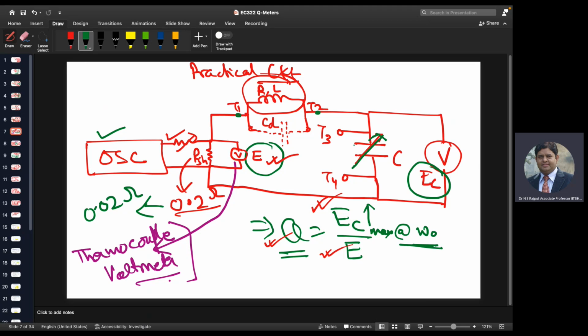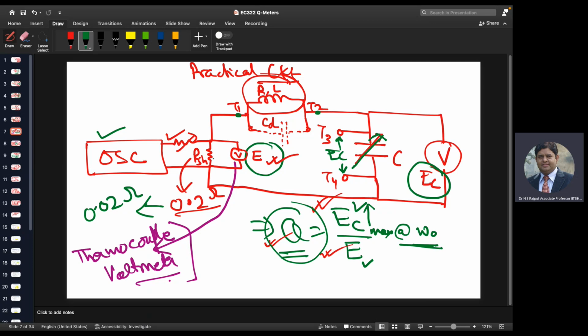So this EC will be maximized. At that point of time, whatever is EC divided by E, the input voltage, will give you the quality factor, right?